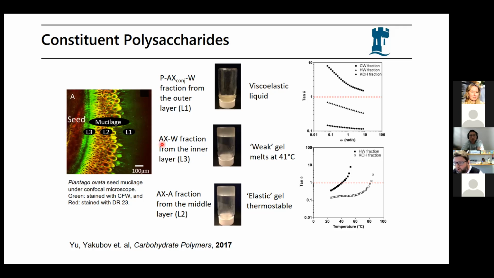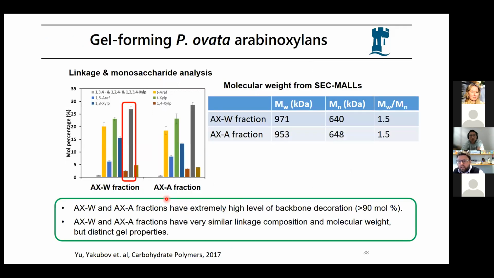We call these the water-soluble gel fraction and the alkali-soluble gel fraction. So we've isolated these two gel fractions: one melting at about 40 degrees, and another one that is thermostable. We were really fascinated by these fractions.